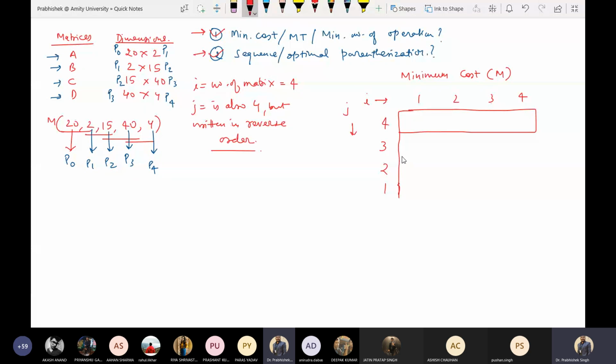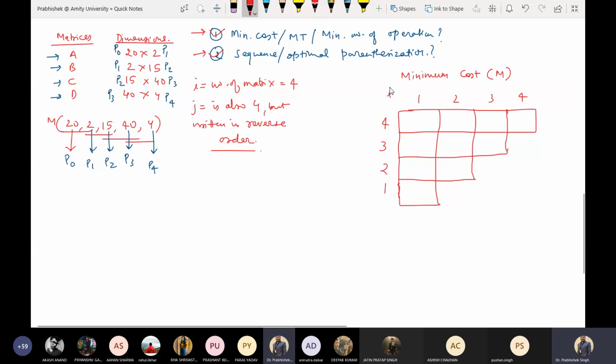Secondly, the third row will be drawn in this form, and last it will be drawn in this form. This is the minimum cost table.